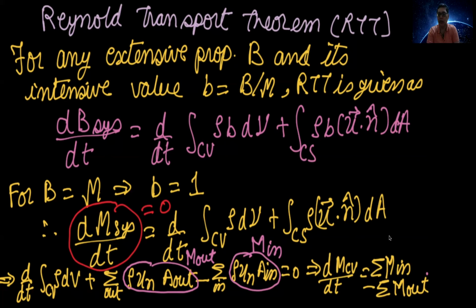If more mass is entering as compared to what is leaving, then you have an increase in the amount. So if there is a larger mass flow rate at the inlet as compared to the outlet, then in the control volume there will be a gain in mass.